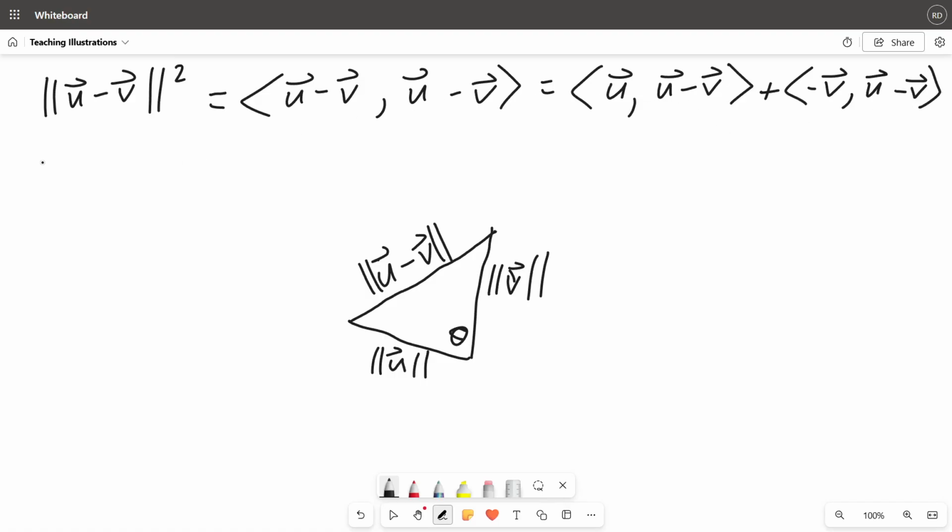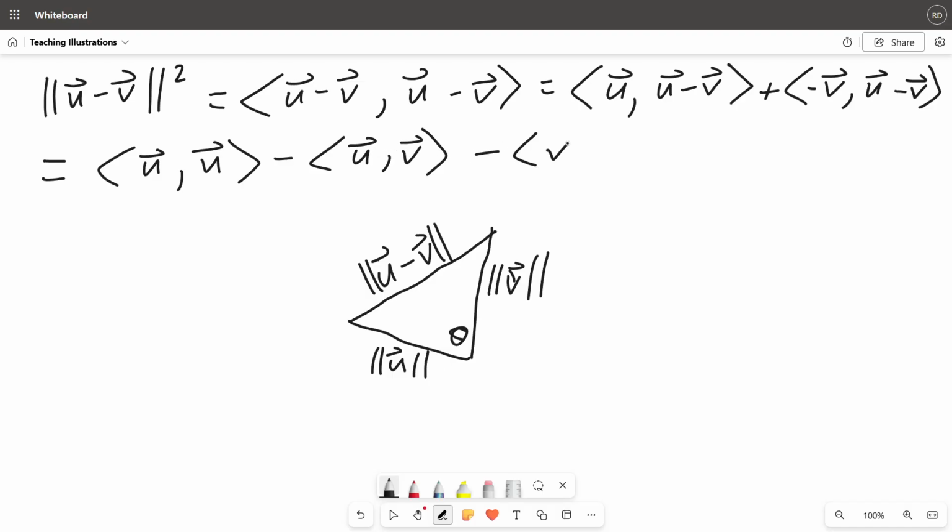And then we can split the second component as well. So it'd be u, u minus u, v minus v, u plus v, v.